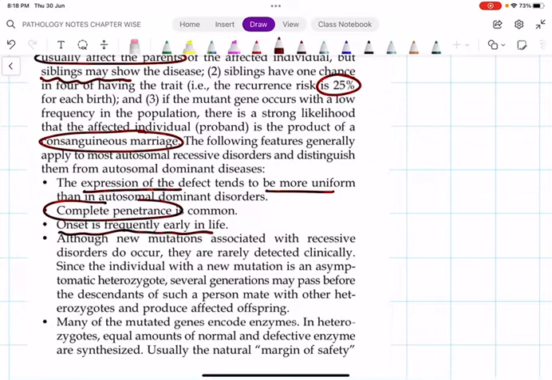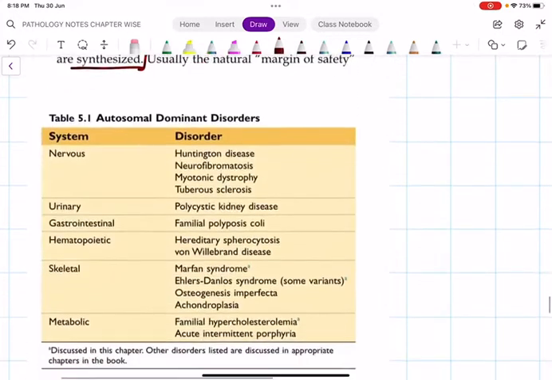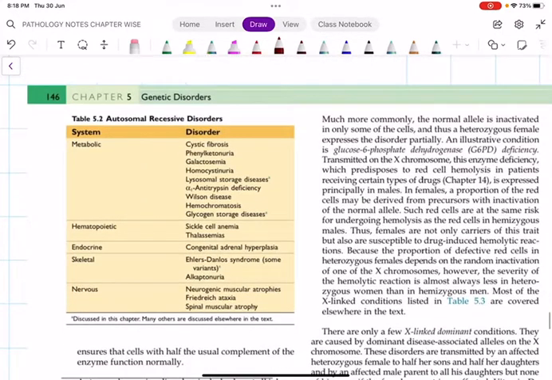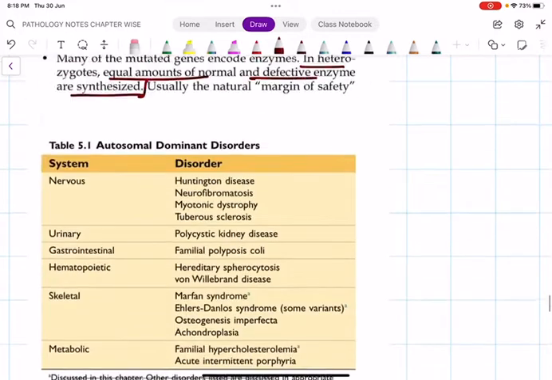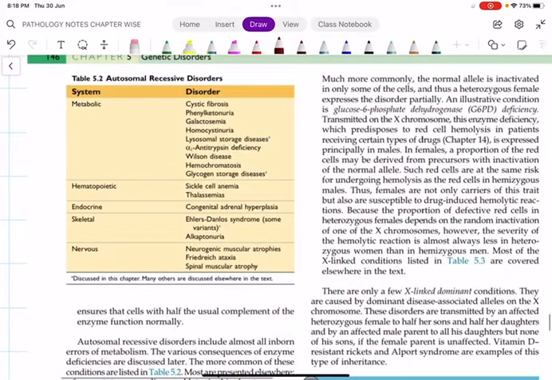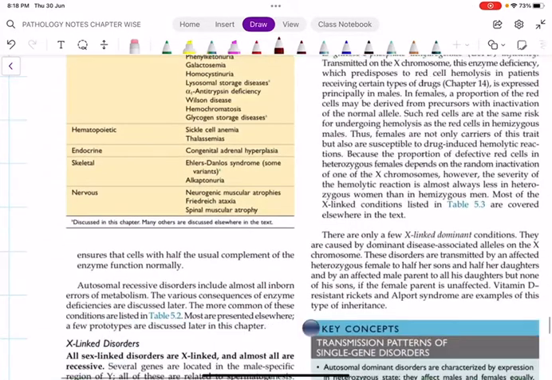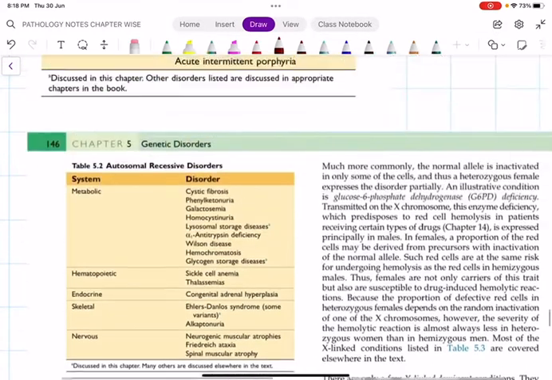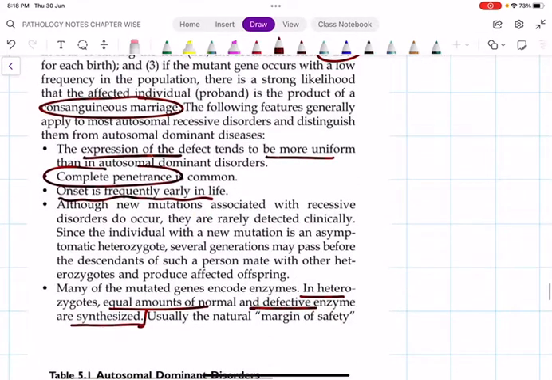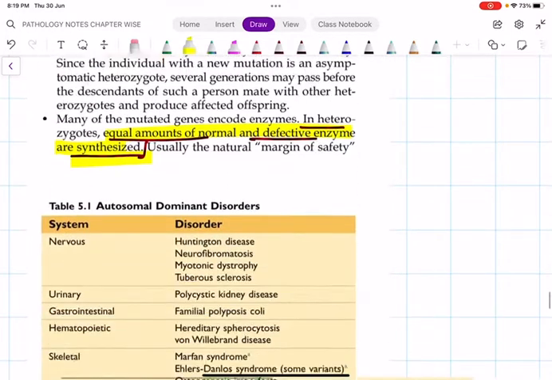And in heterozygotes, equal amounts of normal and defective enzymes are synthesized. So these are the points you have to remember: consanguineous marriage, more uniform expression, complete penetrance, onset early in life, and equal amounts of normal and defective enzymes synthesized in heterozygotes.